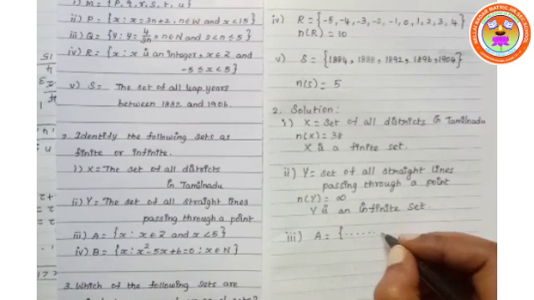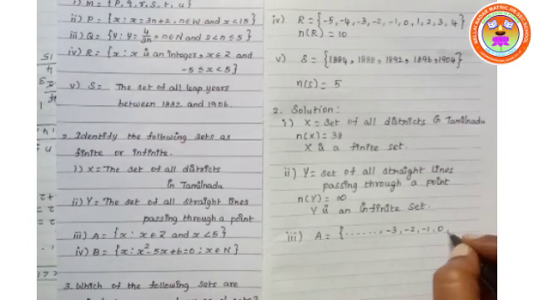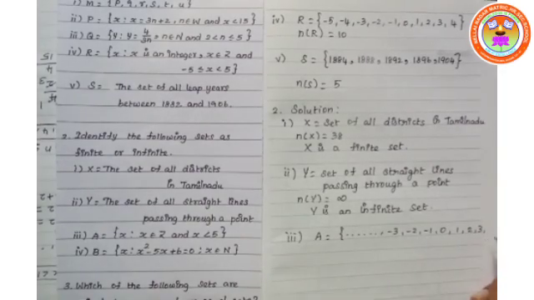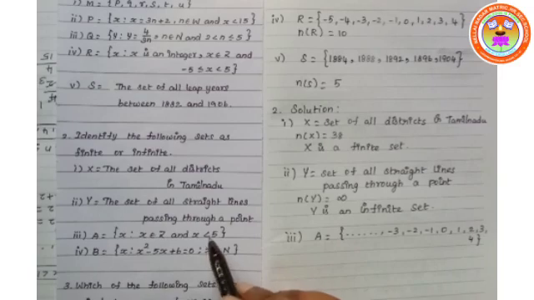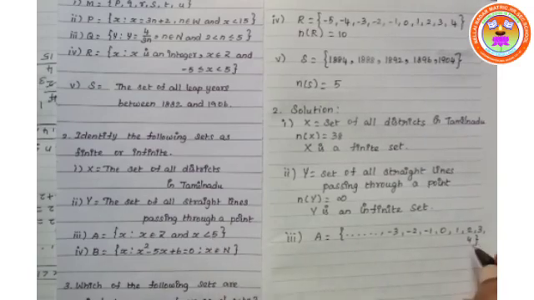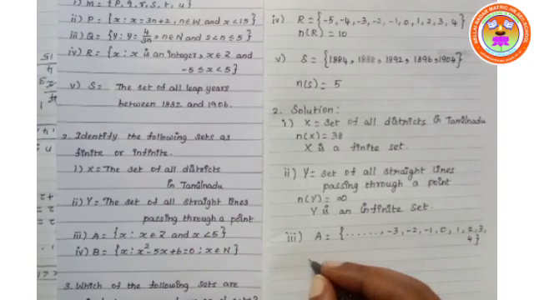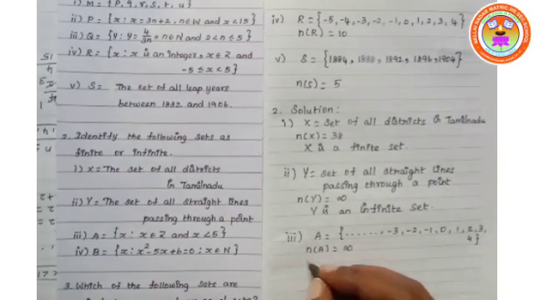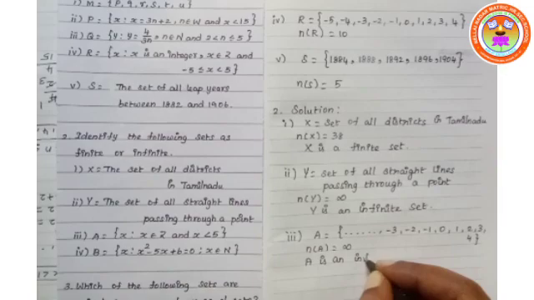For example, you consider minus 3, minus 2, minus 1, then 0, then 1, 2, 3, 4. Up to 4 only you have to take, since it is given only as less than, not less than or equal to. So here there are infinitely many numbers. Therefore n(A) will be infinity. Therefore A is an infinite set.